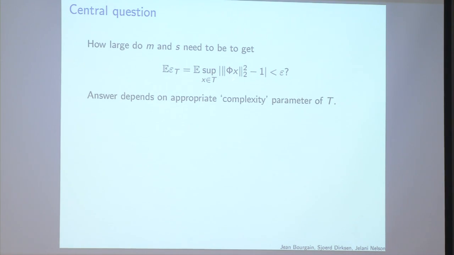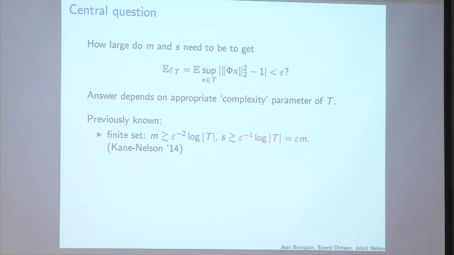If I take my set T and I apply an orthogonal transformation to it, so I rotate it, then if I have a Gaussian matrix phi here, this doesn't do anything to this question, because the Gaussian distribution is rotation invariant and can simply absorb this rotation. So the answer doesn't change. Therefore, it's natural that you get a complexity parameter that is rotation invariant, like this squared Gaussian width. However, if we work with this sparsified transform, then this rotation will mess up the structure of the matrix. So it has to be more complicated, and it will be.